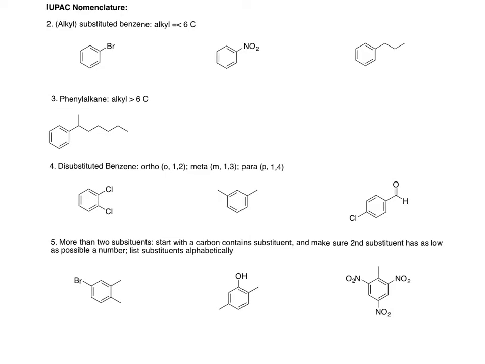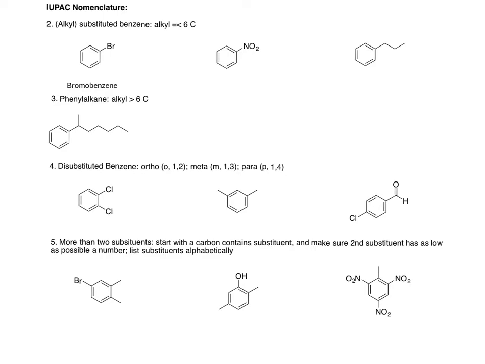One is to name an aromatic compound as a substituted benzene. So basically, the parent name here is benzene, and you describe what's bound to the benzene ring. For instance, the compound over here has a bromine directly bound to a benzene ring, and the IUPAC name for this is bromobenzene. One word.